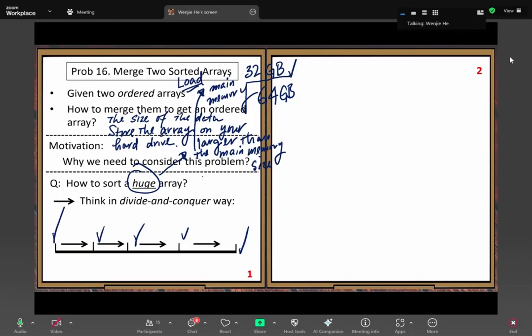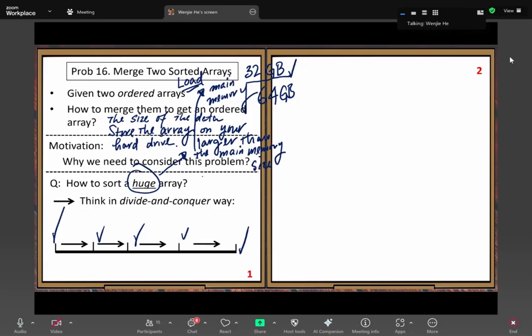We can say the whole array is partially sorted. It contains a sequence of ordered data. Now the question: how do you make that sequence of ordered subarrays into one whole ordered array?